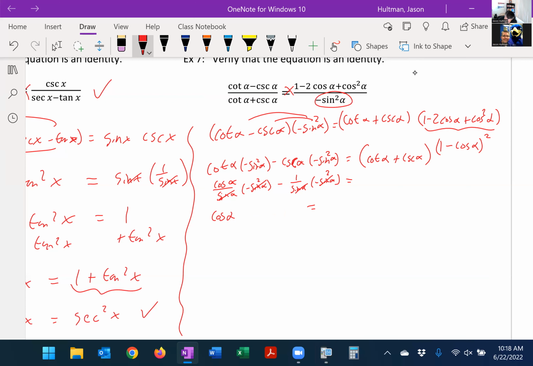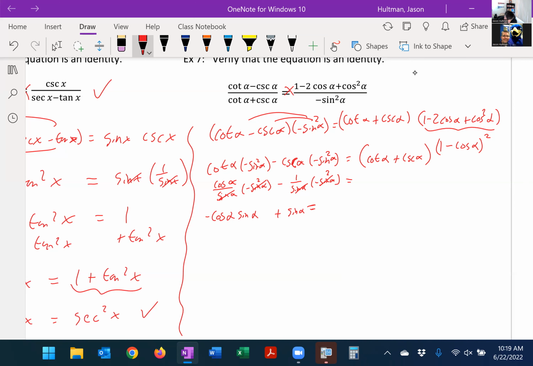I didn't see the squared there, but there is a squared. So this is negative cosine alpha sine alpha, plus, and then there's this, it's a sine alpha, not a 1, sine alpha.